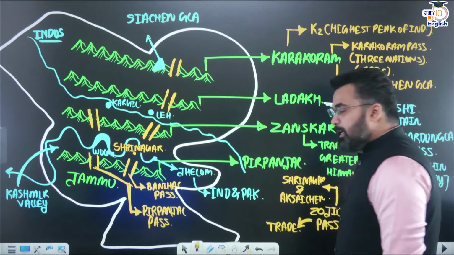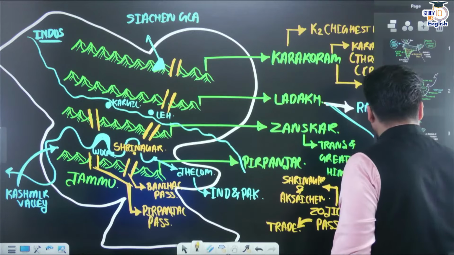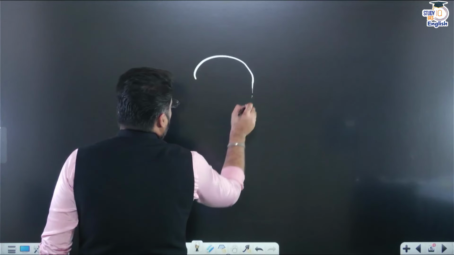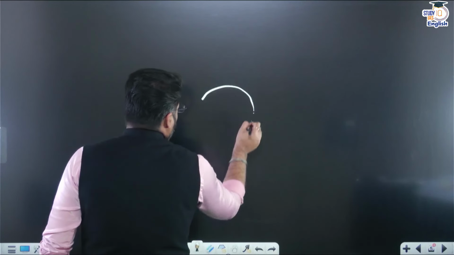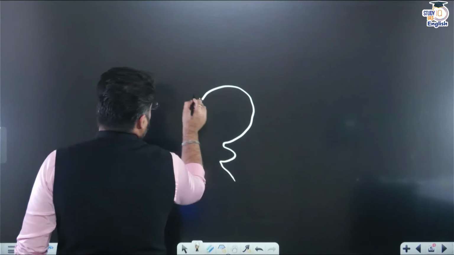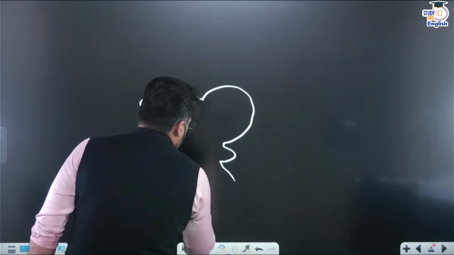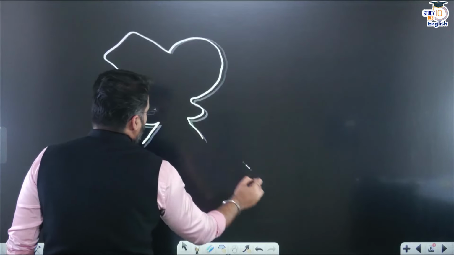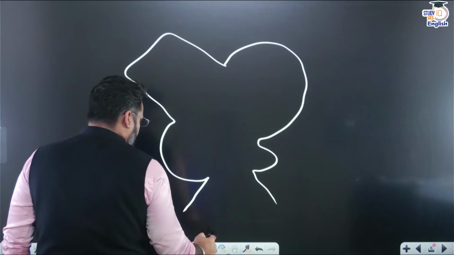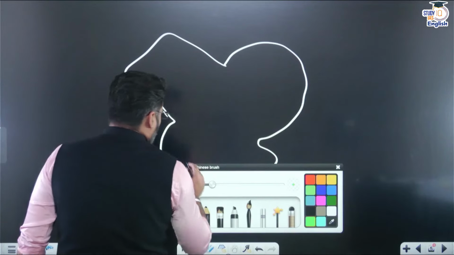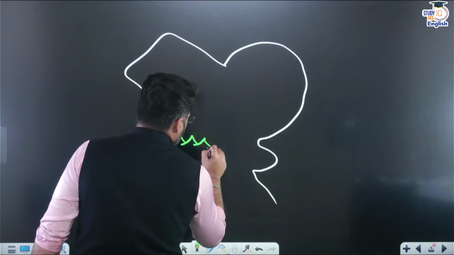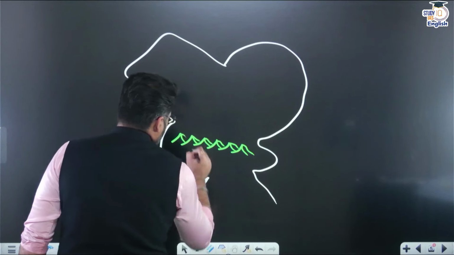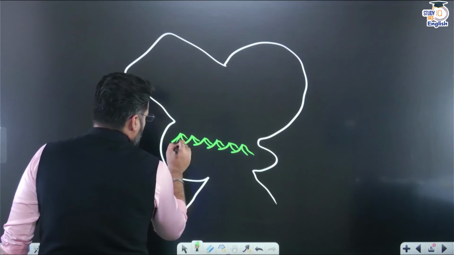Make sure that Banihal Pass is crucial for India. Why crucial for India? Let me mention it separately on a map. Now each one of you has to concentrate here, because this section will tell you why there are terror activities in Jammu and Kashmir, why the area is subjected to terrorism.